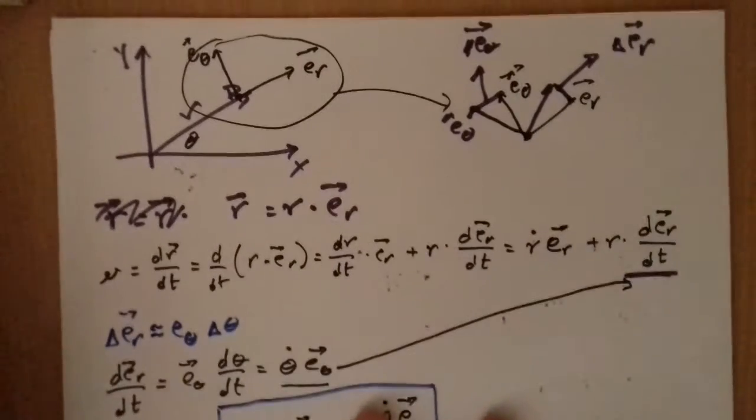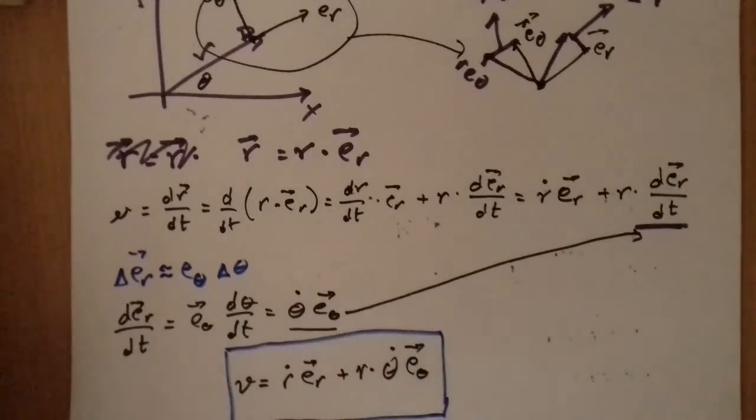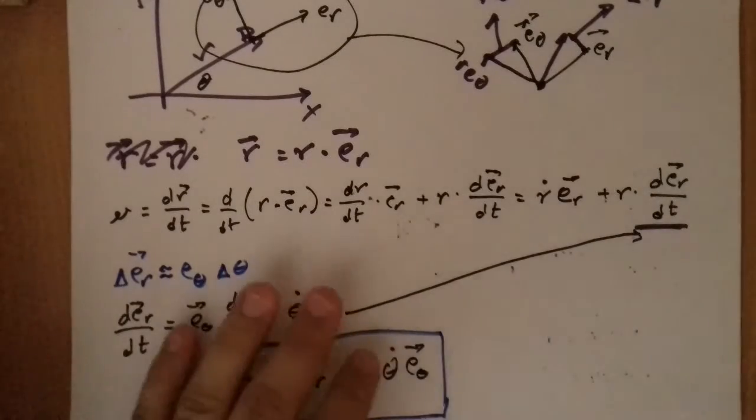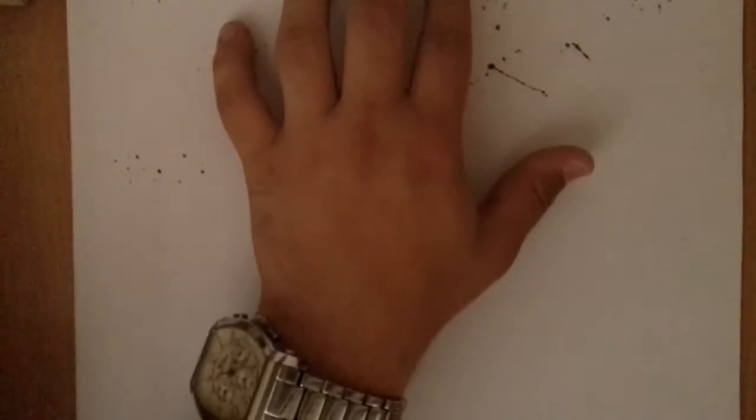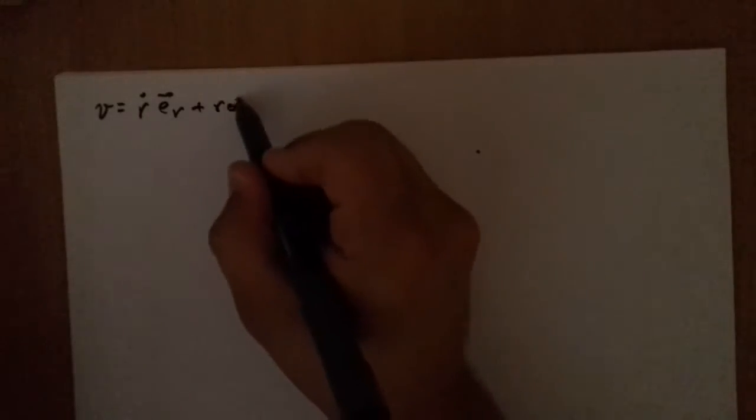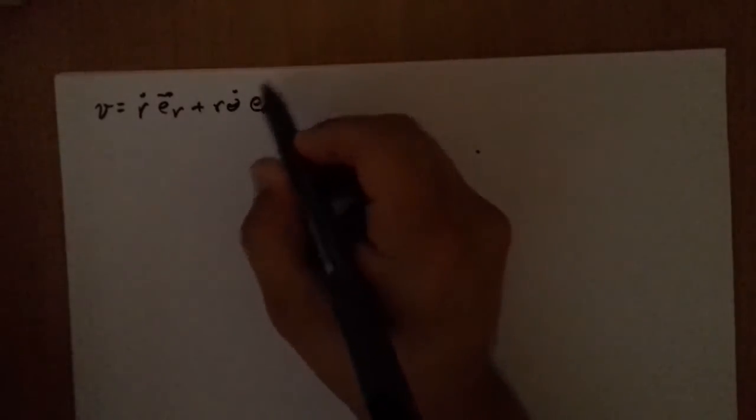So from this relation, we can find the acceleration in polar coordinates. We take the time derivative of velocity. So the velocity was v equal to r dot e r plus r theta dot e theta, in theta direction.